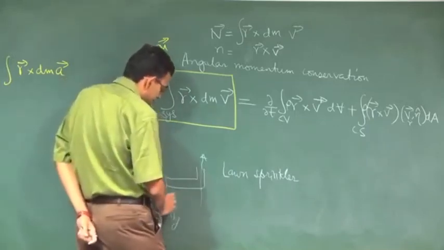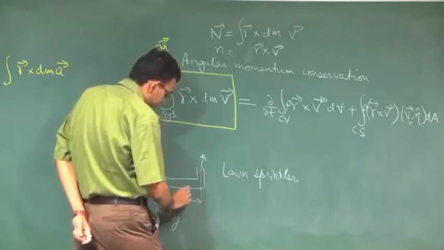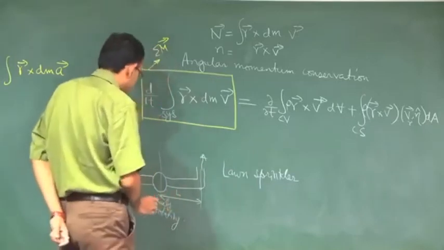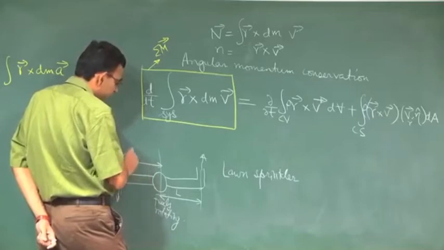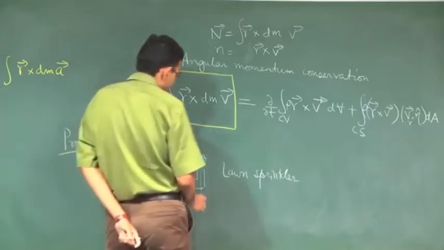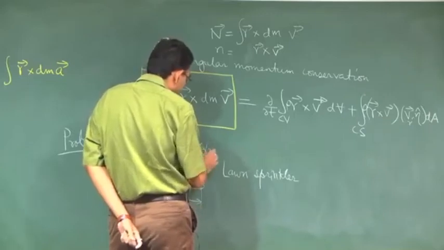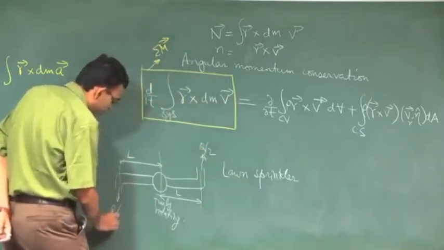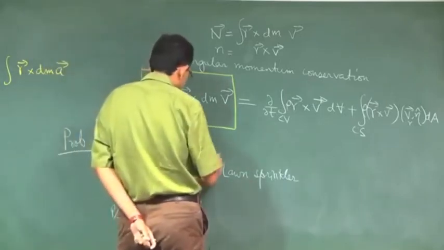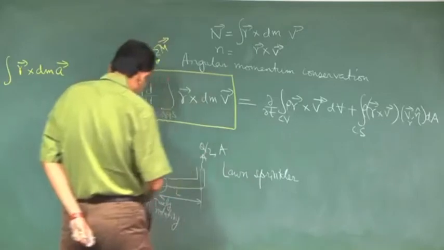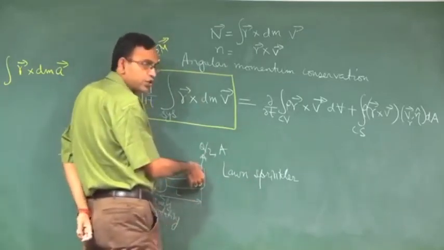This length is L, let us call this also L. The total flow rate is Q, volume flow rate, so this is Q by 2 and this is Q by 2, this is volume flow rate. The area here is A, the area here is A, and this part is very short.